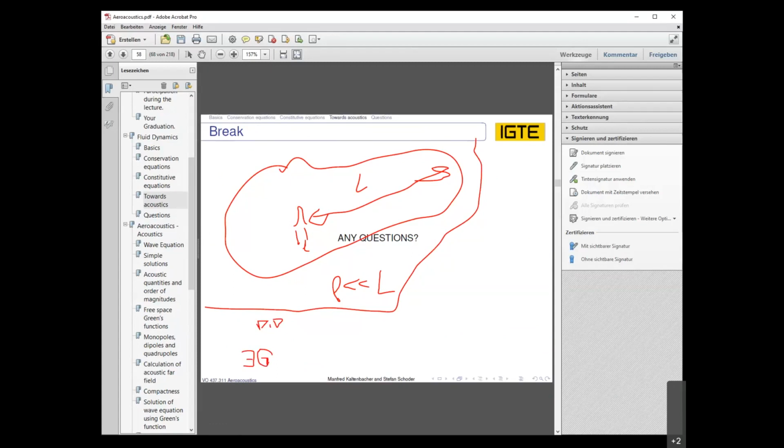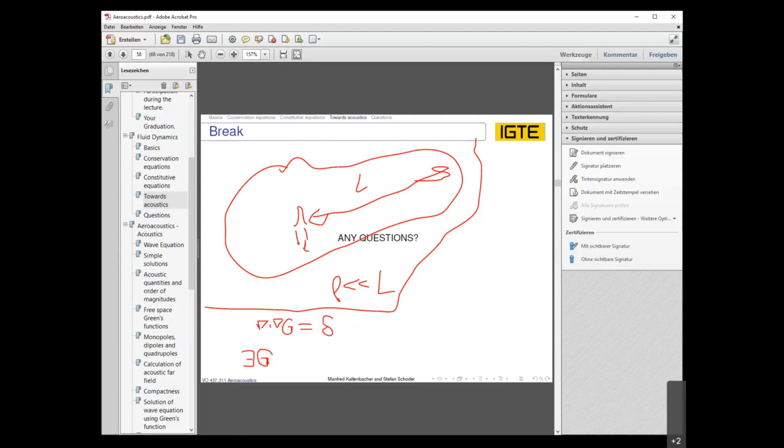We just call it G. When we apply the operator to this Green's function, then we have the identity on the right hand side.